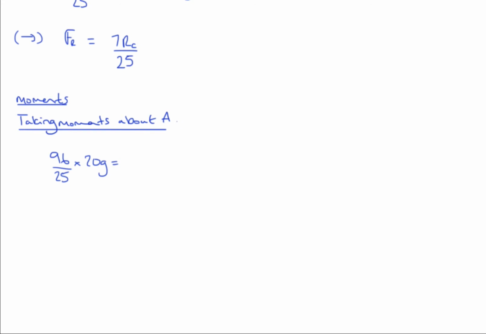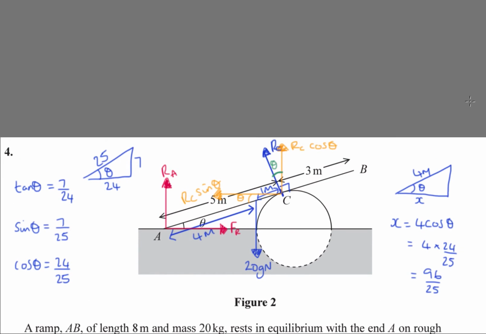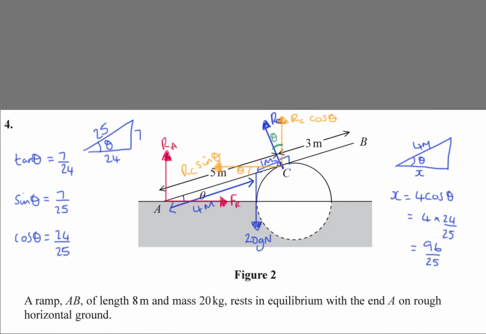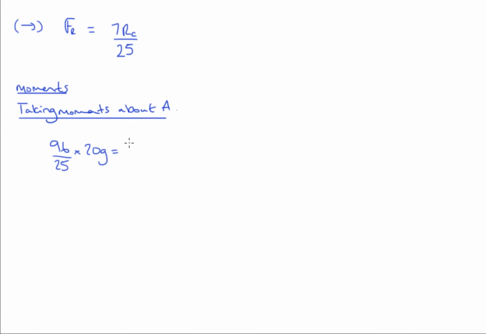Equaling the moment that's anti-clockwise. That's going to be RC times the perpendicular distance. This time the perpendicular distance is there already. It's the 5 meters. So we're going to have 5 RC. If we divide by 5, we're going to get RC.